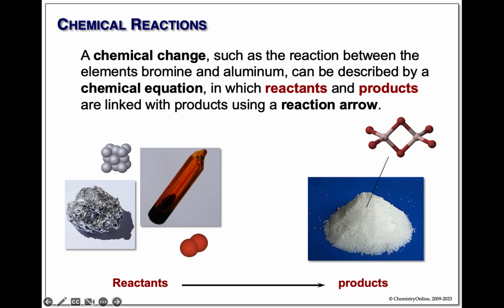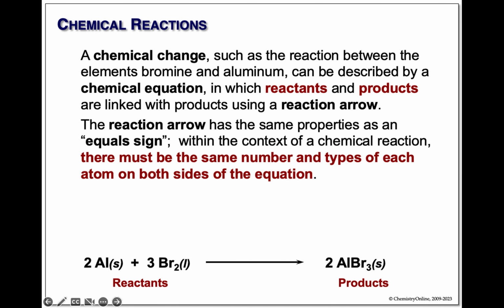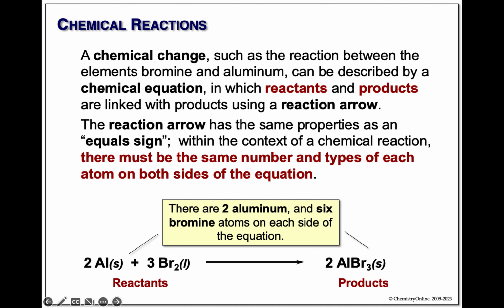Now the reaction arrow, we said, was like an equal sign. Basically, when we have the arrow here, we must have the same number and types of atoms on both sides of the equation. If we look at our equation here, we have 2 aluminums here, 2 aluminums here. We have 3 times 2, 6 bromines, 2 times 3, 6 bromines. So yeah, it works.